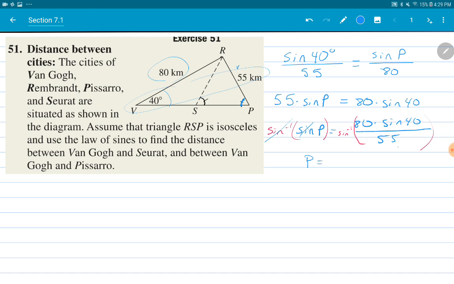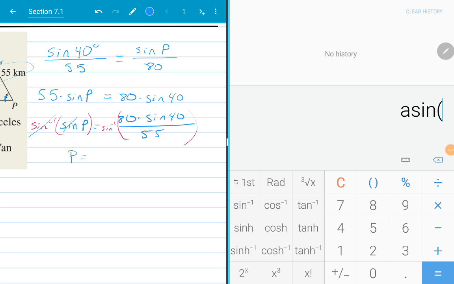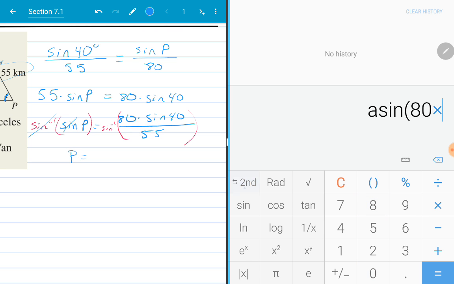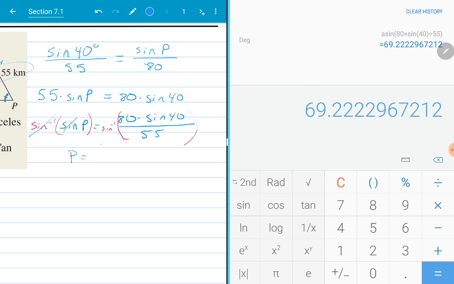When I put that into a calculator, I get sine inverse of 80 times sine of 40, close the sine, divided by 55, close the arc sine, and I get that angle P is 69.2 degrees, rounding to the nearest tenth.